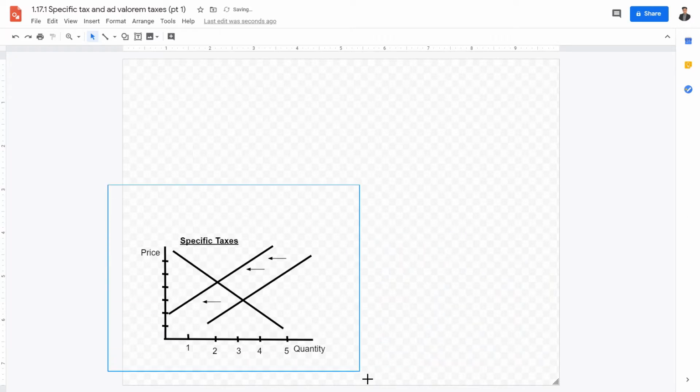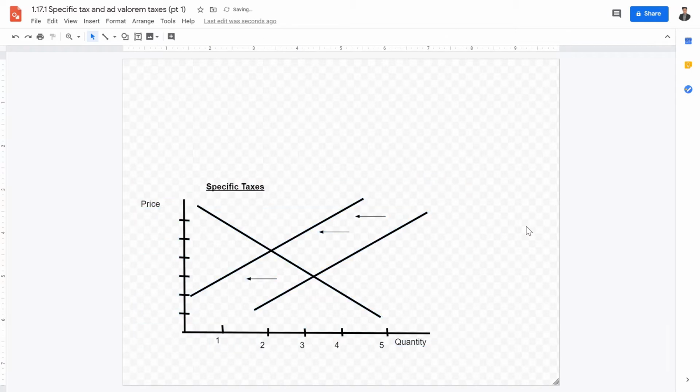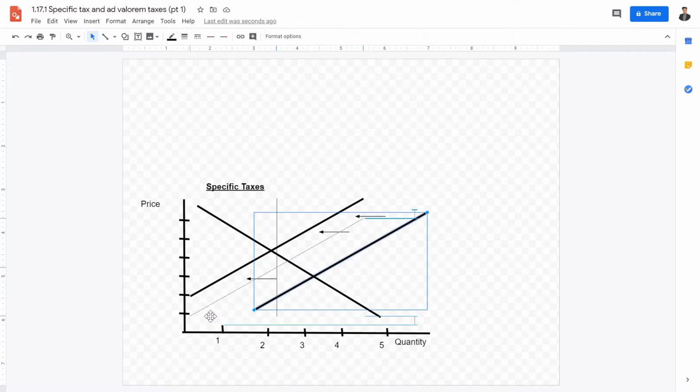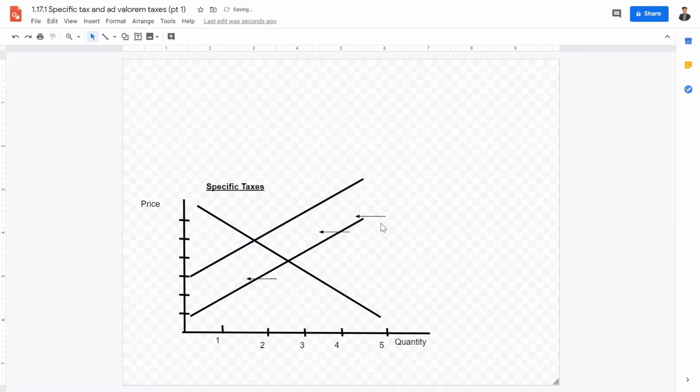Okay? So looking at the specific tax right here, I'm going to zoom this picture up. What can we see as a direct result? First of all, it is a direct shift of the supply curve from right to left. The supply curve directly shifts from right to left. And this is a direct result of an increase in prices because of the increase in taxes.